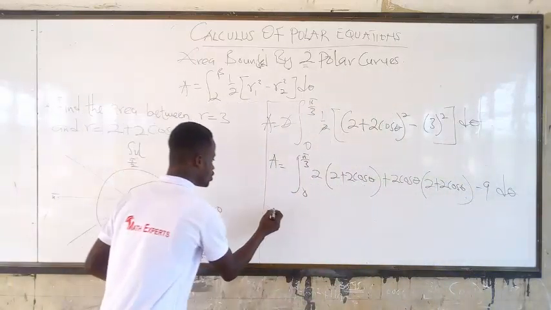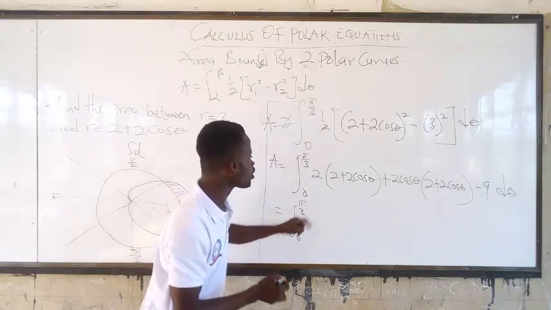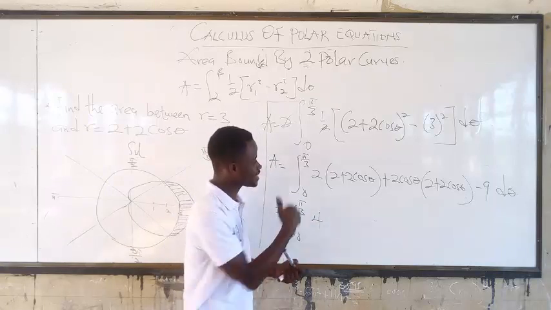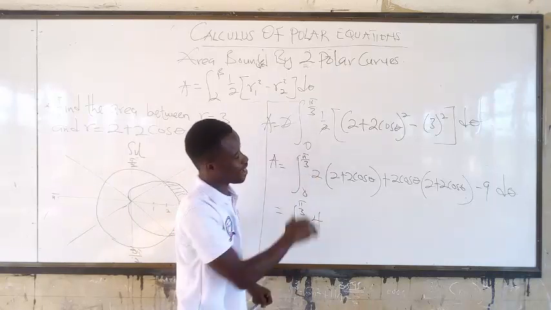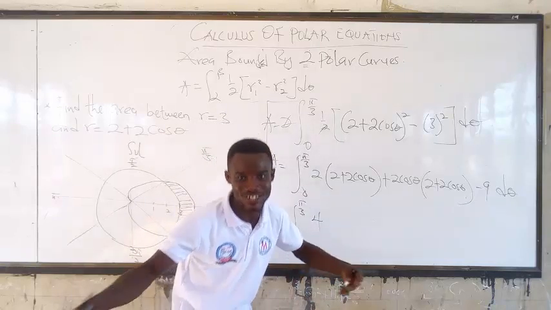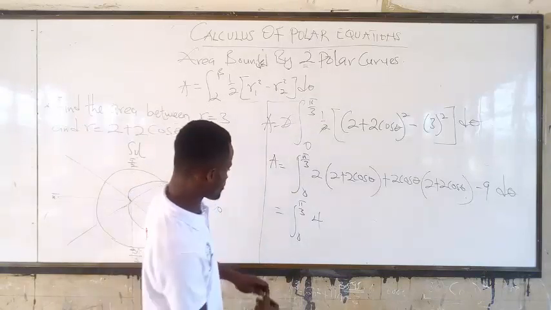Beautiful. So this is going to be equal to the integral from 0 to pi over 3. This and this. I always laugh at this part. Calculus! Oh my God. Love calculus, okay? Alright.